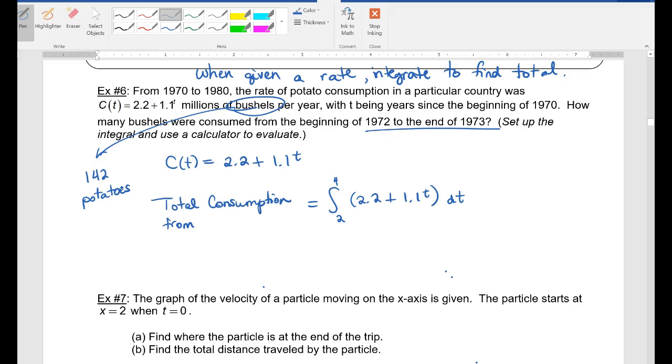All right, so here's how we have to set it up. If we're beginning in 1970, this represents the function from 1970 to 1980. So what we have to do is match these units.